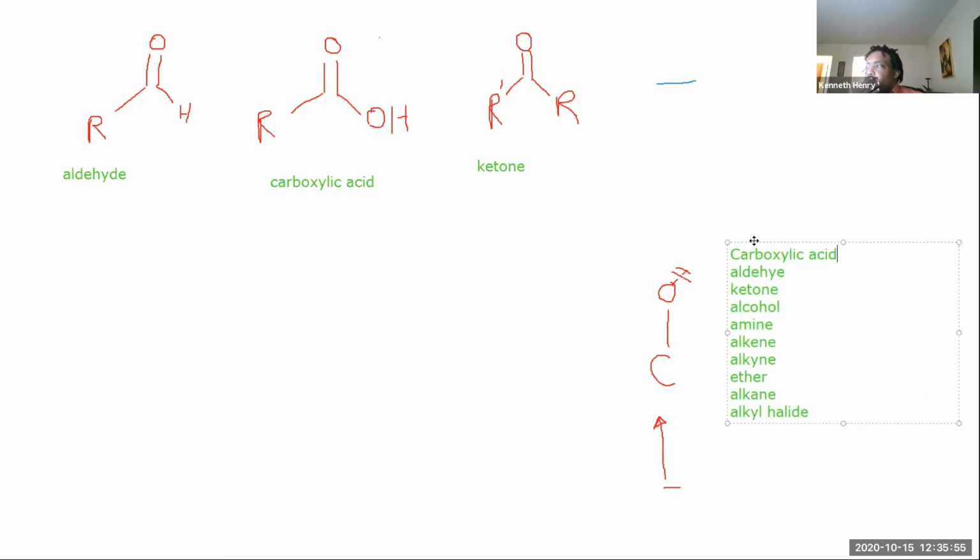Okay. Carboxylic acids are at the top of the food chain, so they have priority over everything. Okay, so aldehydes, let me show you what the structure really looks like. You have a carbon double bonded to an oxygen. In the case of the aldehyde, there's an H, and then your hydrocarbon.